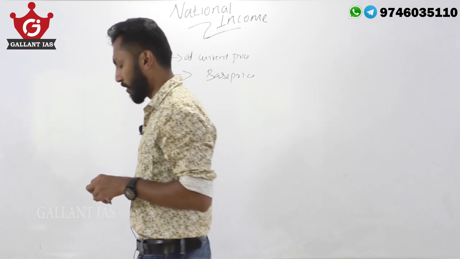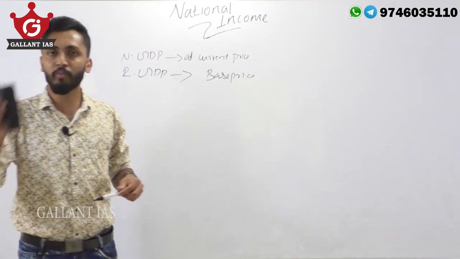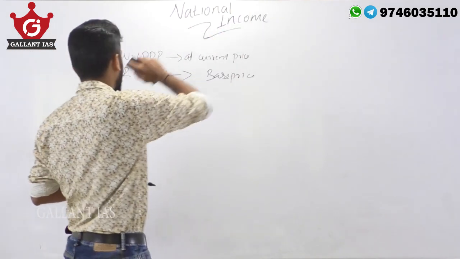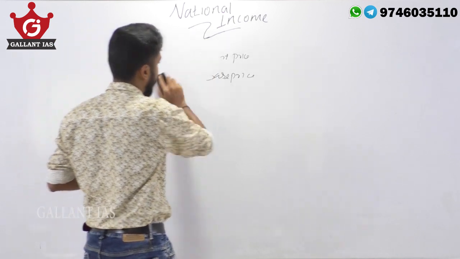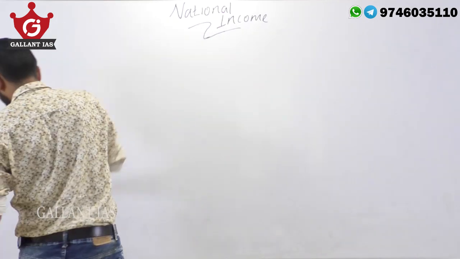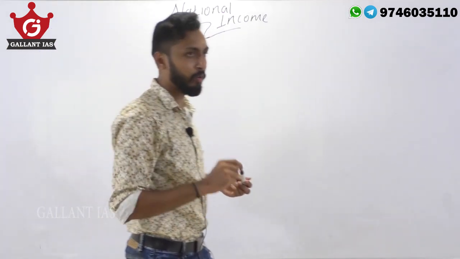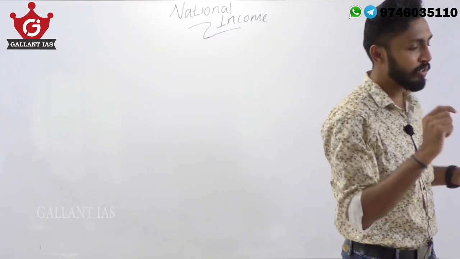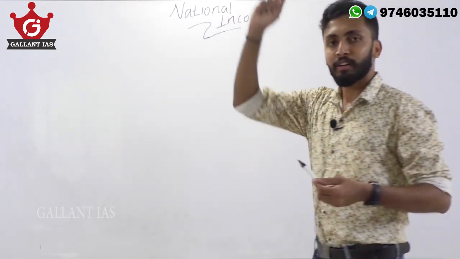Let's look at an example. Assume that there is only one item in the economy, coffee. So the total quantity and the total value of coffee is the total GDP.